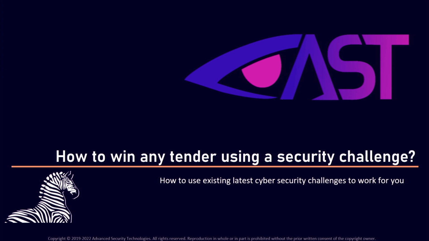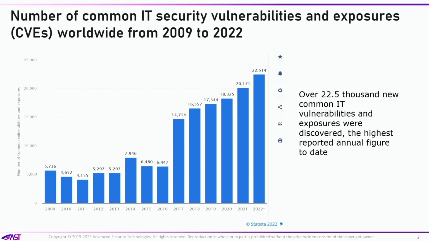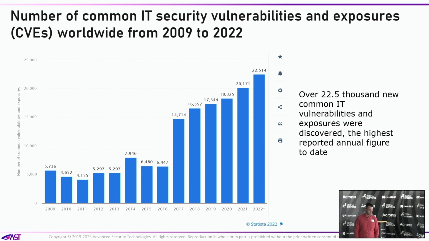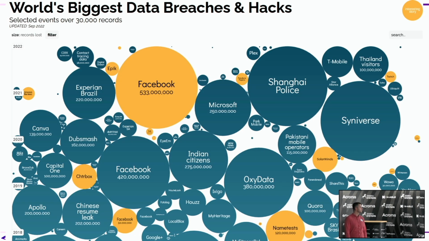So first, let's see what the security challenges are. This graph is the number of common IT vulnerabilities and exposures from 2009 to 2022. And in every year we see an increase in common vulnerabilities of a few thousand.